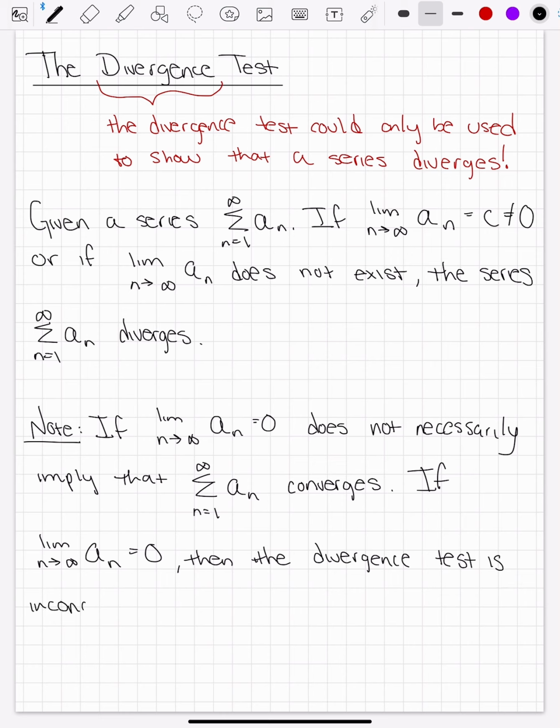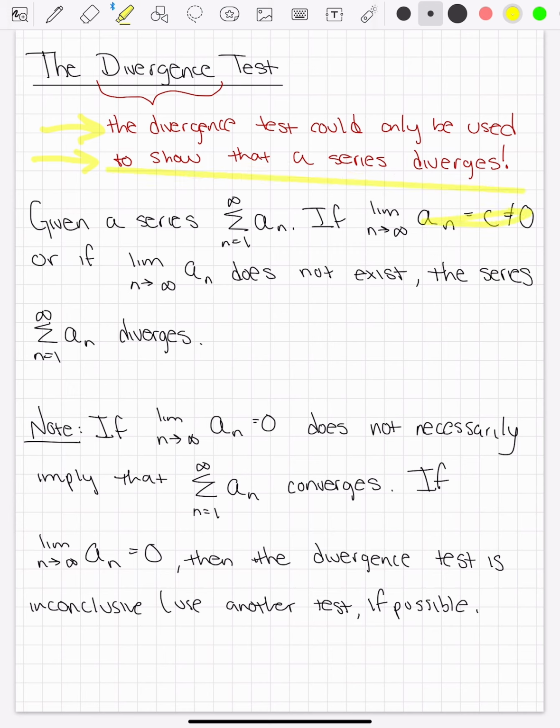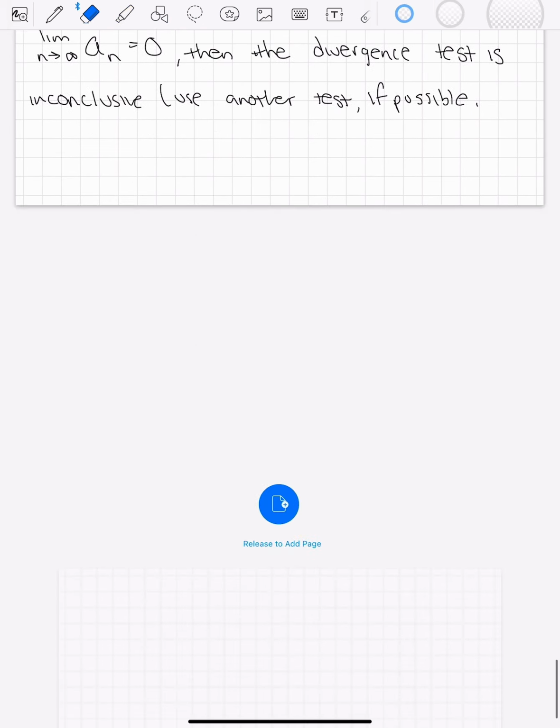And so you want to use another test if possible. So this is why I emphasized this point at the beginning: it can only show that a series diverges, and we know that it diverges if the limit of the formula in your series is not equal to 0. Then we get divergence. But if it does equal 0, that does not necessarily mean it converges. So let's do some examples.